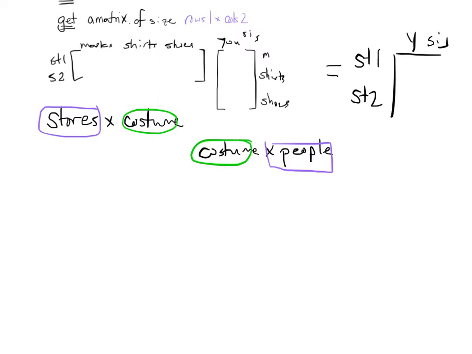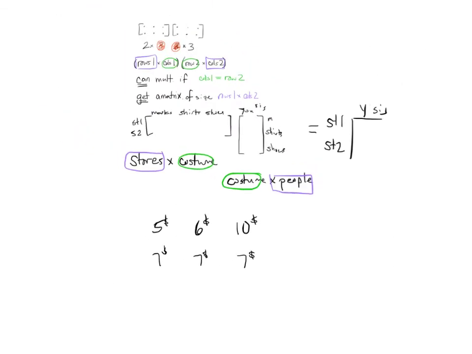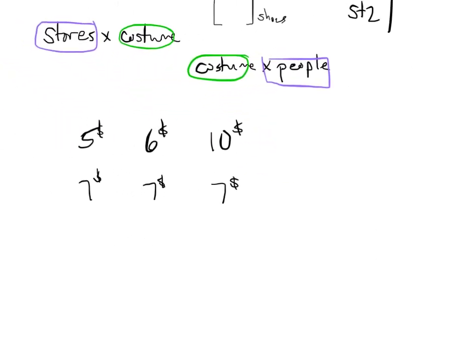And I'm just going to do this example out for the video because that way you'll have it on video. We're saying store 1 costs $5 for masks, $6 for shirts, and $10 for shoes. And store 2 costs $7 for masks, $7 for shirts, and $7 for shoes. And you want to buy 2 masks, 4 shirts, and 1 shoe.